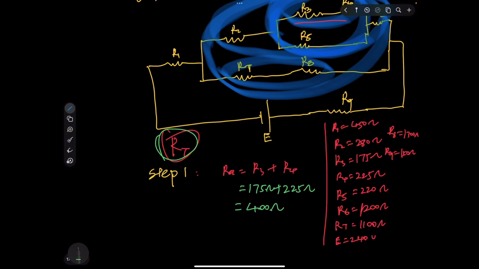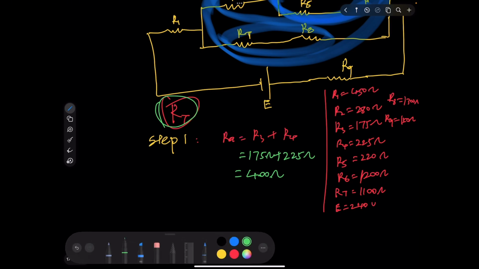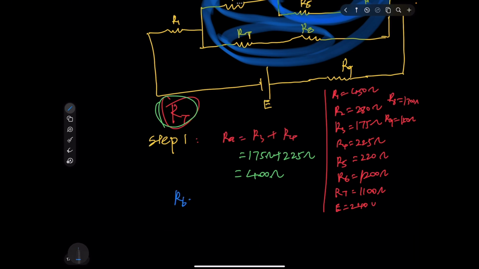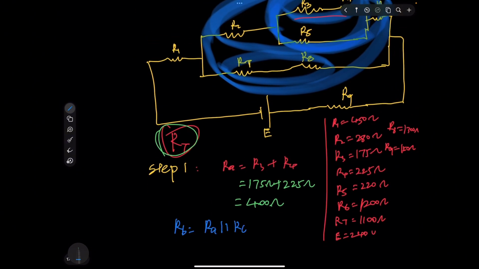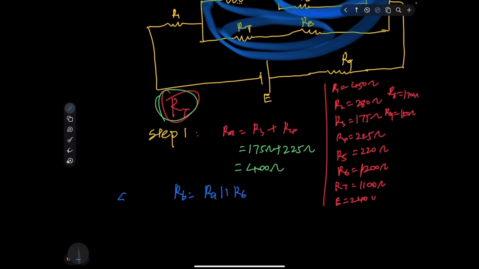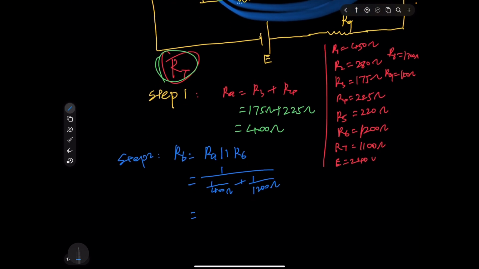Then R3 and R4 in parallel with R6. Let's name it RB. That will be RA, the combination of R3 and R4, in parallel with R6. That's step 2. So that will be 1 over 400 ohms plus 1 over R6, which is 1200. If we use a calculator, we can get this number.